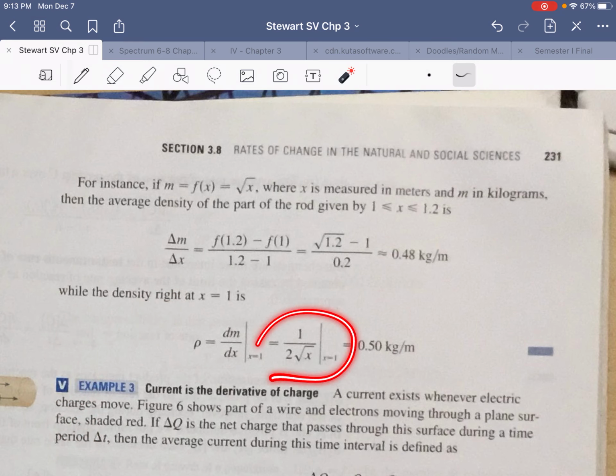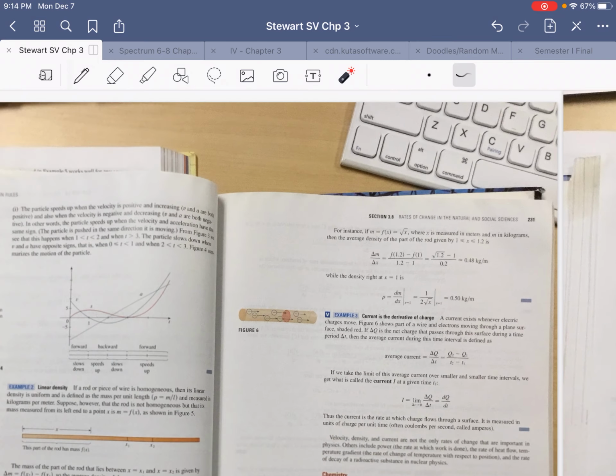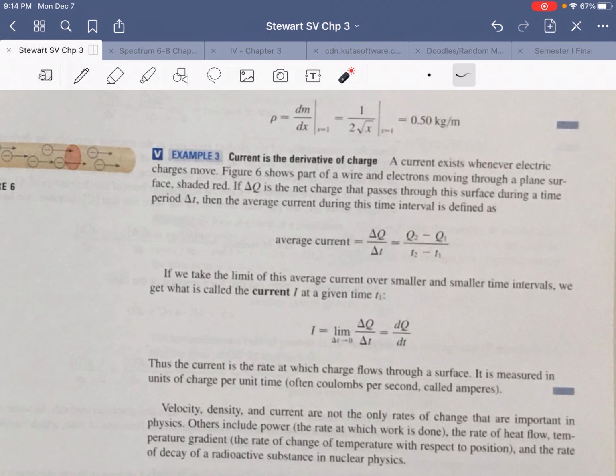And as you can see here, they come out to this. And so when x is 1 in this case, you would just plug 1 into here, and you would get 0.5 kilograms per meter. That's how much mass you're adding for every additional meter at that particular point. That's the instantaneous rate of change.